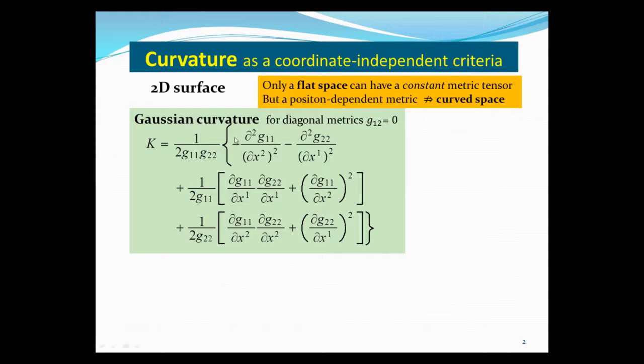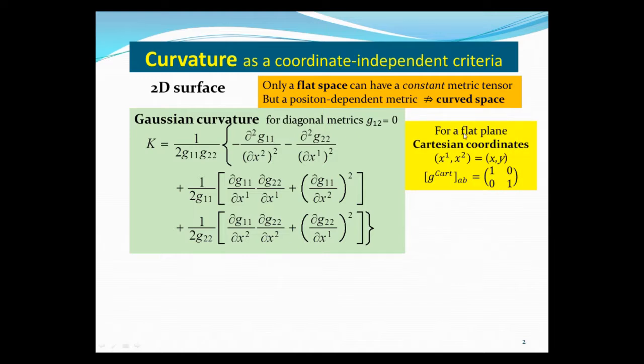Here I write down the Gaussian curvature for a two-dimensional surface. We choose to write it down for a diagonal metric, with the off-diagonal components zero, but that's not a particular restriction, because whenever you have orthogonal coordinates, you have a diagonal metric. It's a somewhat complicated-looking expression, and I'm not going to derive it. If we want to know the general curvature, in principle you can derive it from this.